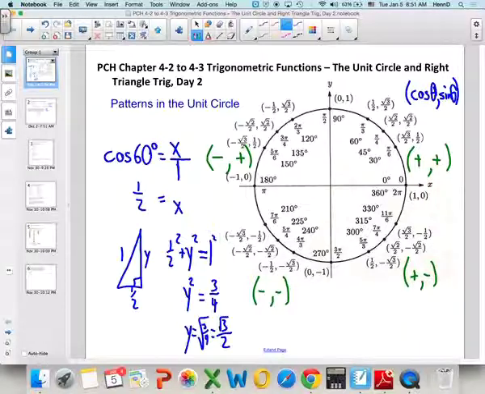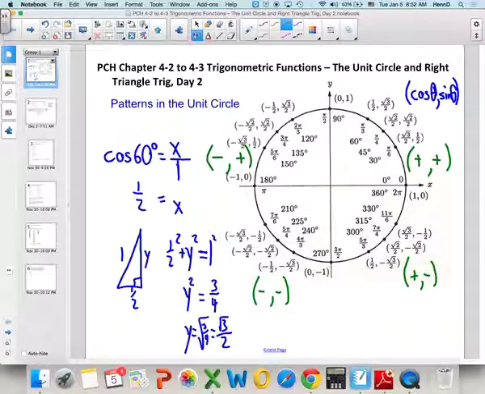You'll get to the point where you can just pick out, hey, 7 pi over 6, that's 210 degrees, that's a negative root 3 over 2, negative 1/2. You'll be able to pick that out eventually, but especially as you're learning it, see those patterns and see how it works. Because then you'll start to see, hey, any of the pi over 6s are going to have a root 3 over 2 and a 1/2. I just got to figure out what the signs are. Which quadrant am I in?